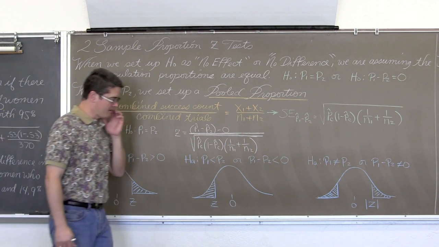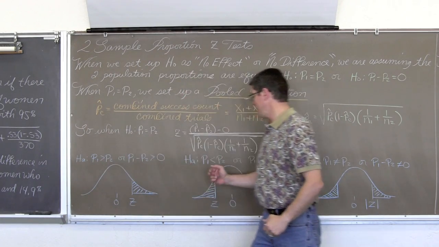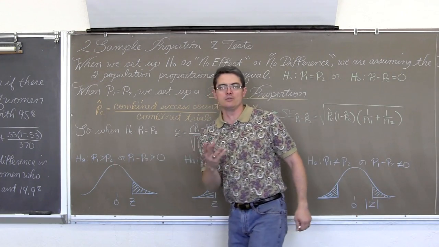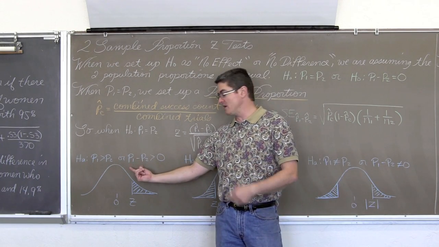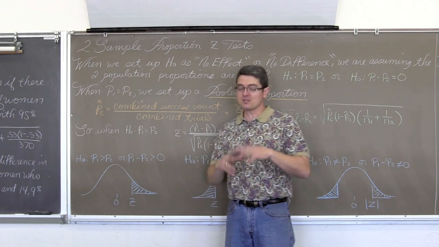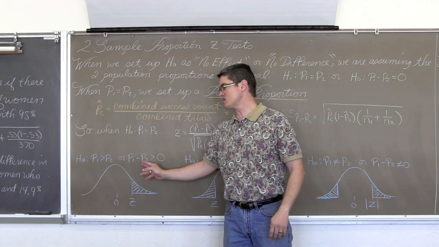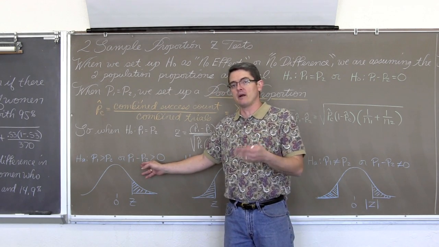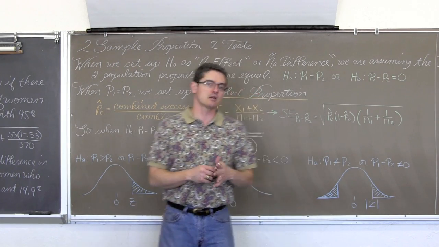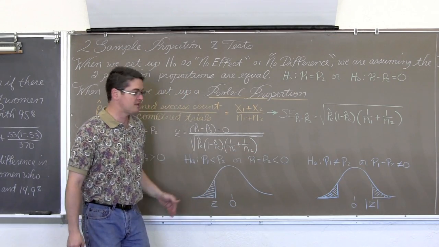And again, my sales pitch on how I like to set up H sub A: my calculator and your computers will use these inequality statements in their menus, but as I teach it, if you determine how you're going to set up your subtraction ahead of time, and you, of course, stay consistent with that, then you can go, well, based on my assumptions before I collect my data, based on my alternate hypothesis statement, I'm expecting a positive difference, so I'll shade to the right no matter what the numbers reflect. Or if I have my subtraction set up and I'm expecting a negative difference, I'll make sure to shade to the left.